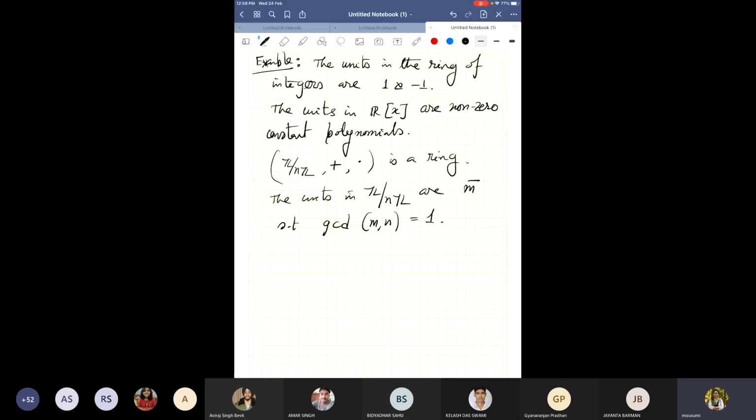We have already seen this in the group structure as well, no? Because if this GCD is 1, then I can write it as a combination equal to 1, and then when you go mod n, you will be able to write down this thing. Is it clear or do I need to explain more? Yes, ma'am. Clear, ma'am.